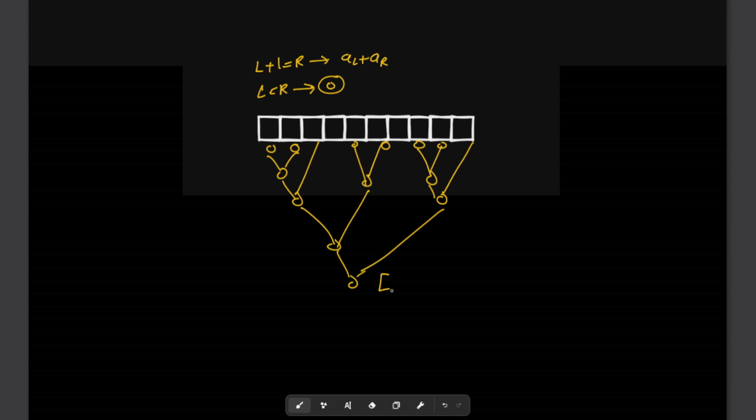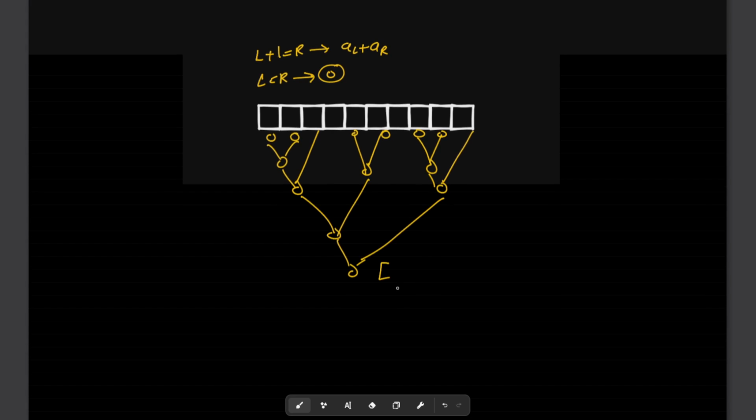And the root of the binary tree will denote that all these elements will be considered. Don't take the diagram in the literal sense, but this will create a binary tree.